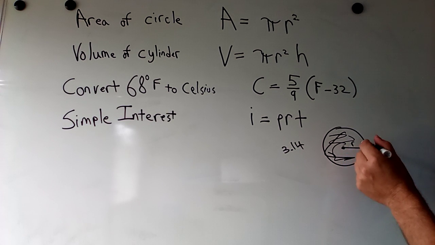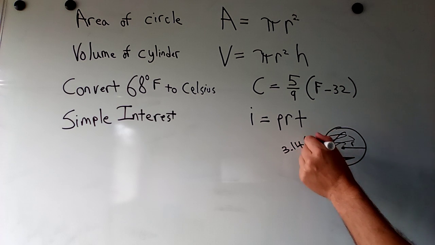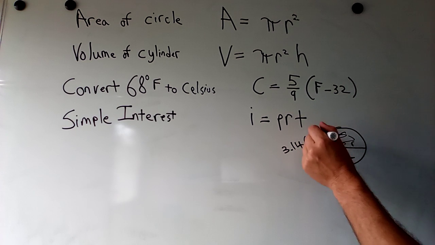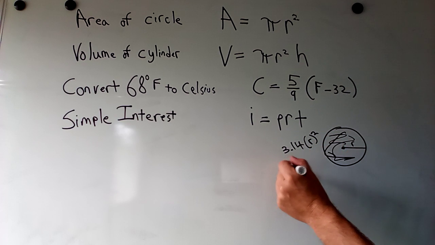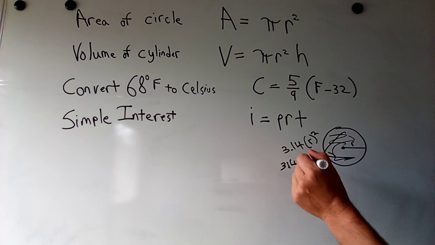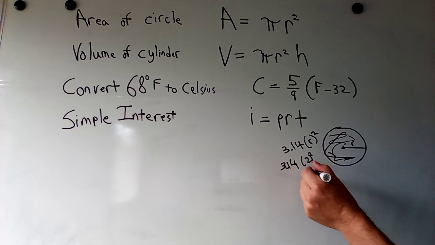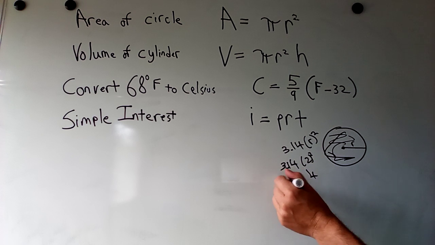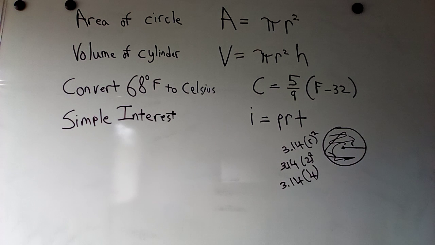If the radius is 2 inches, 3.14 times 2 squared, you would square the 2, which would be 4, and you go 3.14 times 4, and whatever that is, that would be your area. So that's how you find the area of a circle, real briefly there.